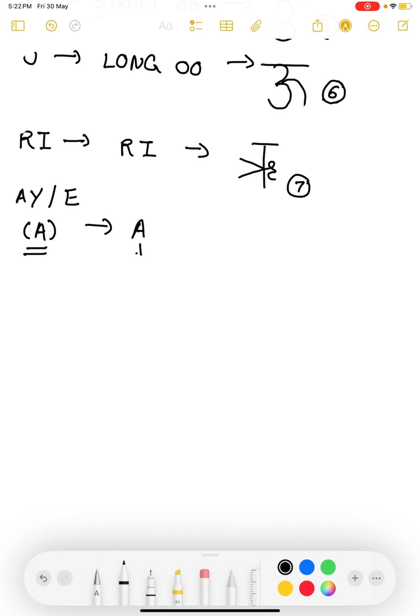A for apple, the same one. This A sound is how this particular vowel is pronounced. Let's see how it's written first.